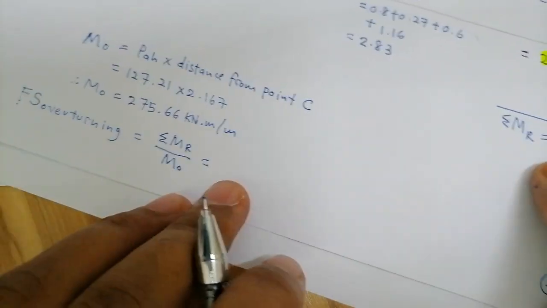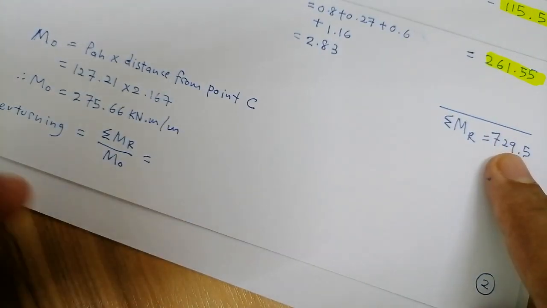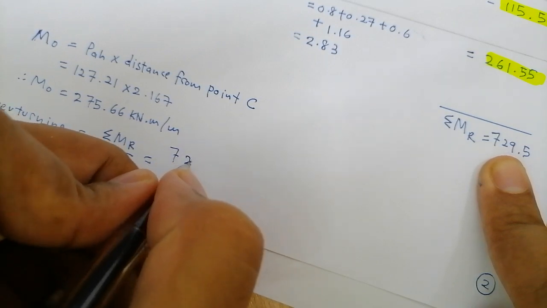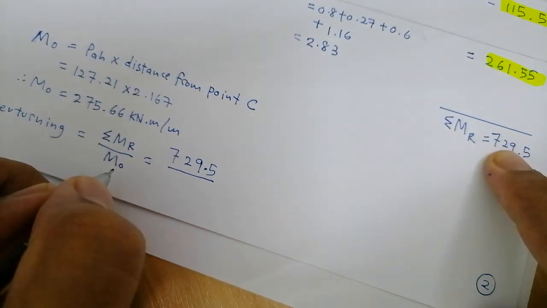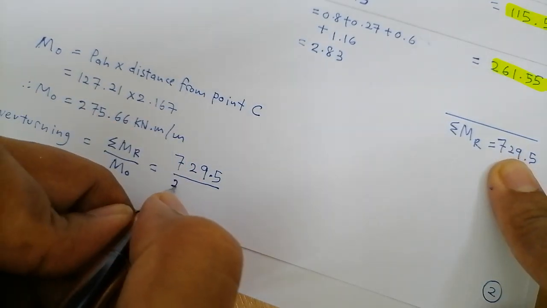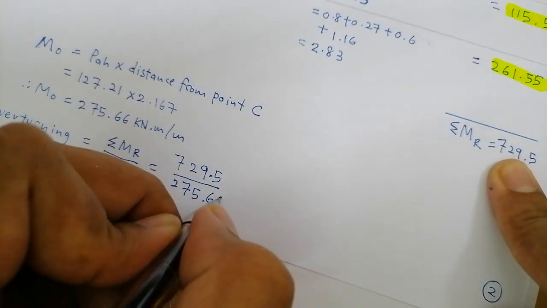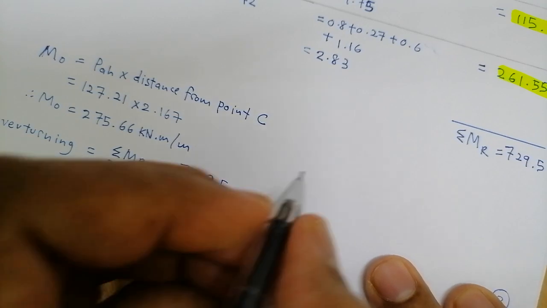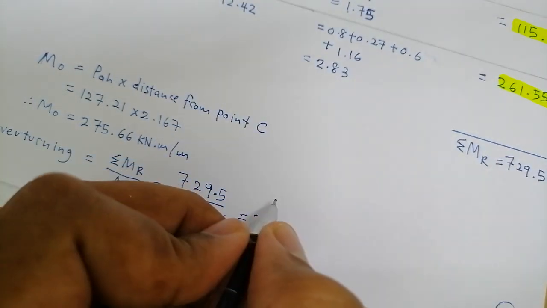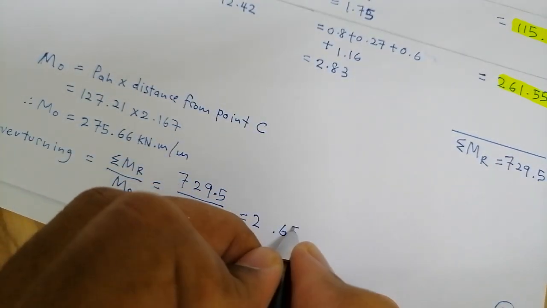So the summation of resisting moment is 729.5 divided by 275.66 equals to, please bear with me, 2.65.